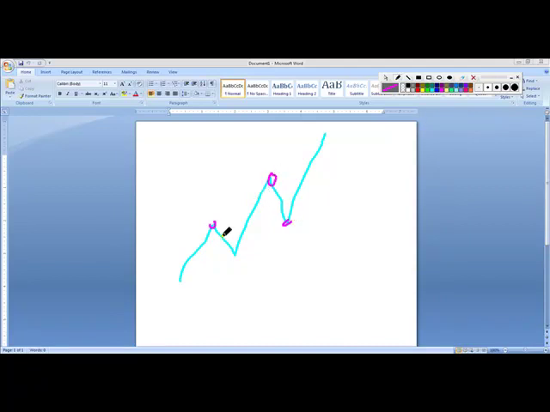Now when you have this first leg impulse and you have a correction here, this is our low, this is our high, this is our higher low, and this is our higher high, right?